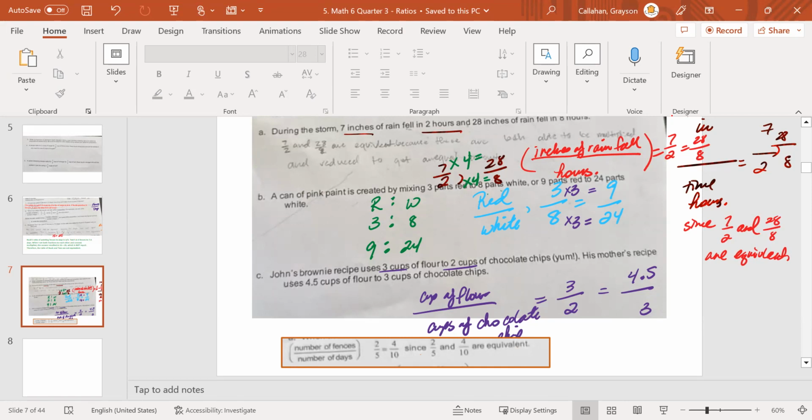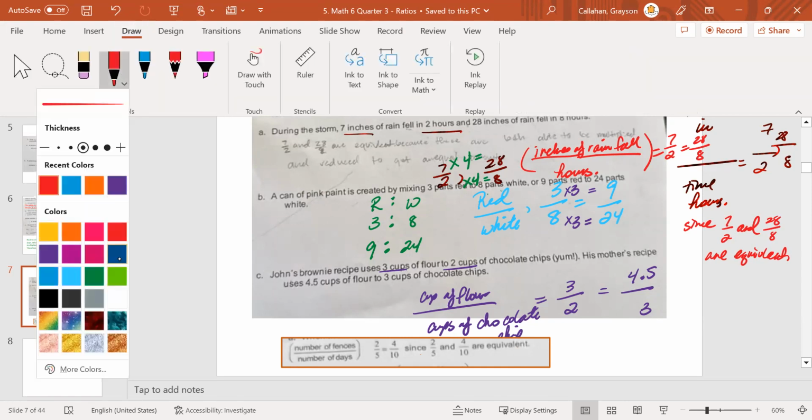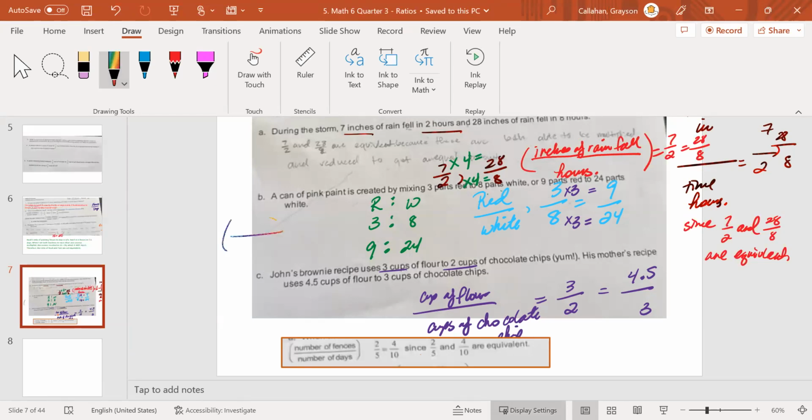For B, you do exactly the same thing. So for B, the first part would just be red paint. The bottom will be white paint.